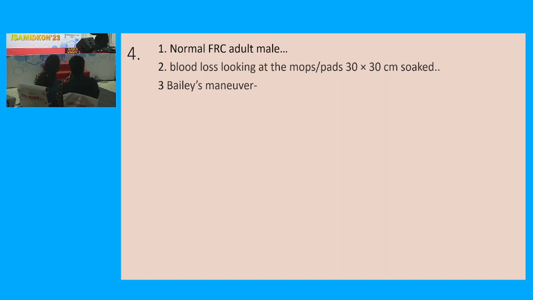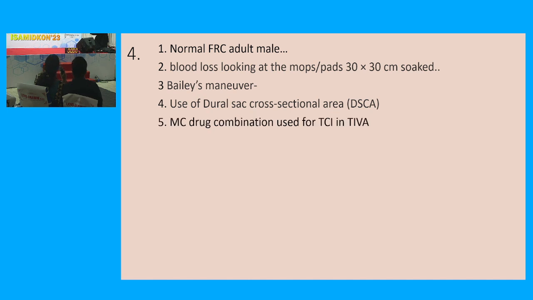Bailey's maneuver, exchanging endotracheal tube with... That's right. 2 marks. The dural sac cross-sectional area index is used in calculating dash. Pass. Most common drug combination used for TCA? Propofol and dexmed. Wrong. It's propofol and fentanyl. That's right.